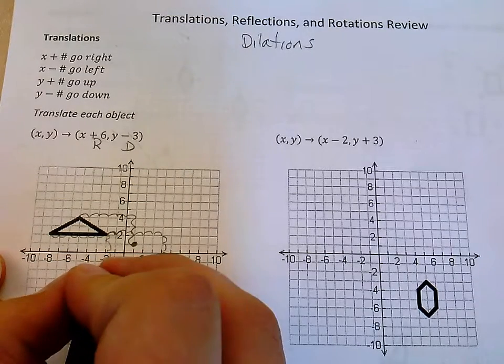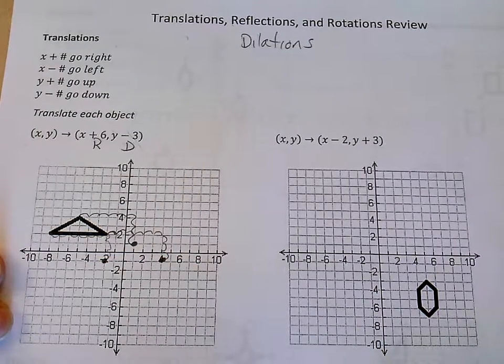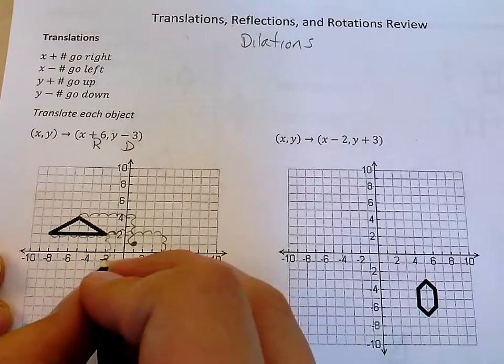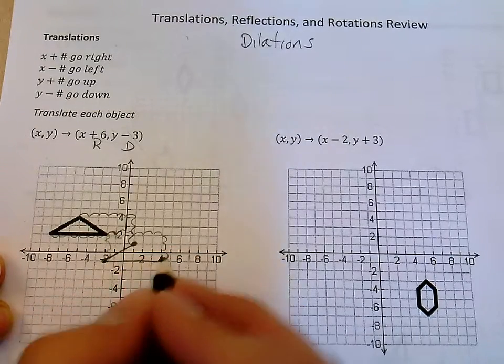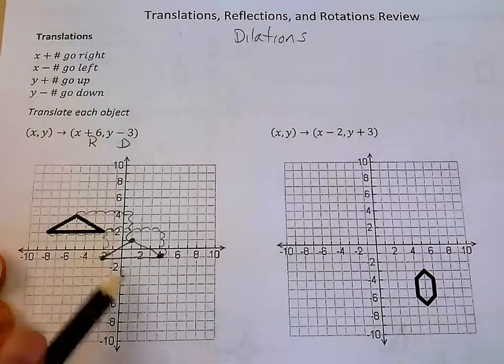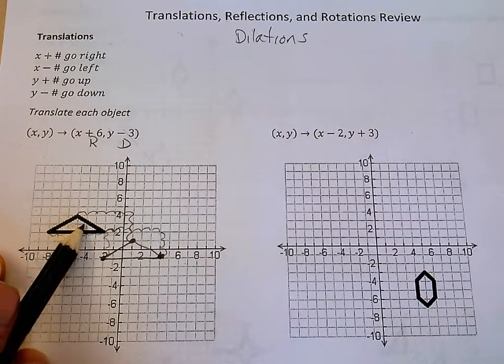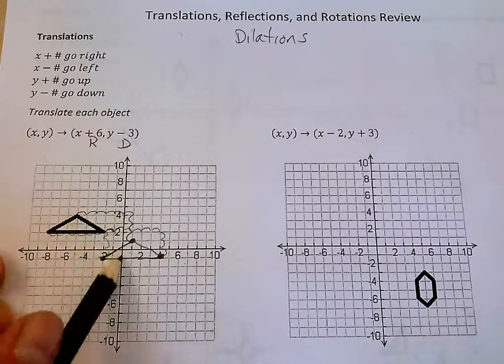I'm going to make my last dot. Now that I did it with all 3 of the dots, I'm just going to connect my dots. And now it looks just like this one, but it moved from here to here, okay?